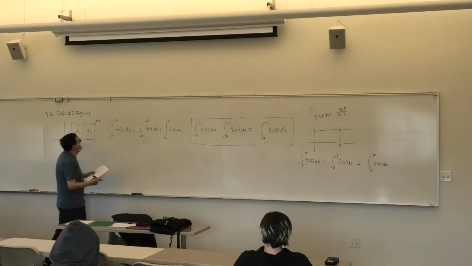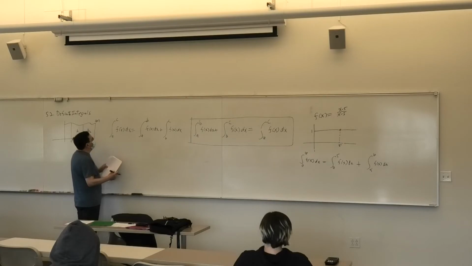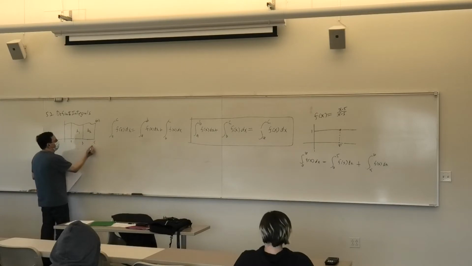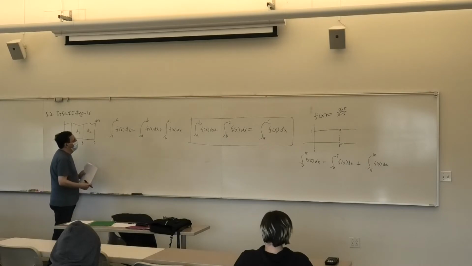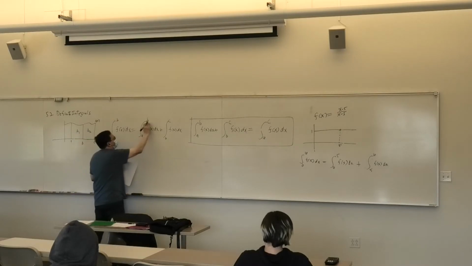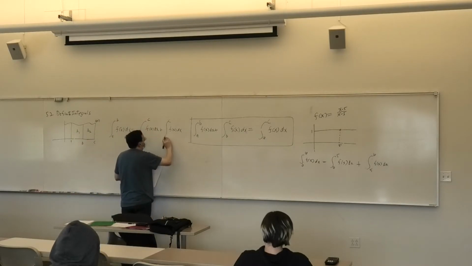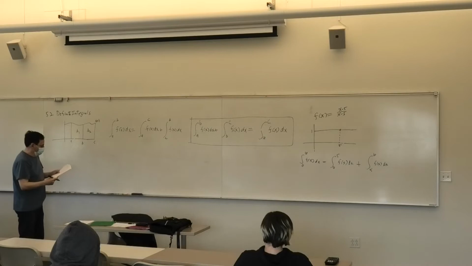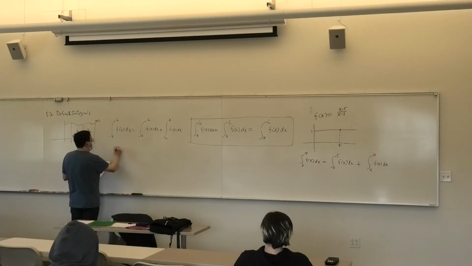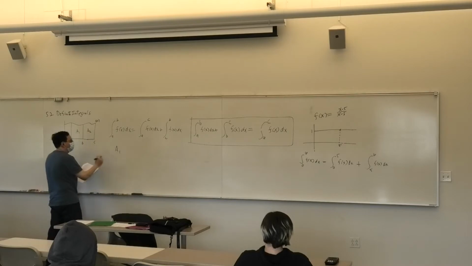Well, I guess I implied here that B is less than C. But this formula works if I switch B to C. That would mean this is A1 here, this area.